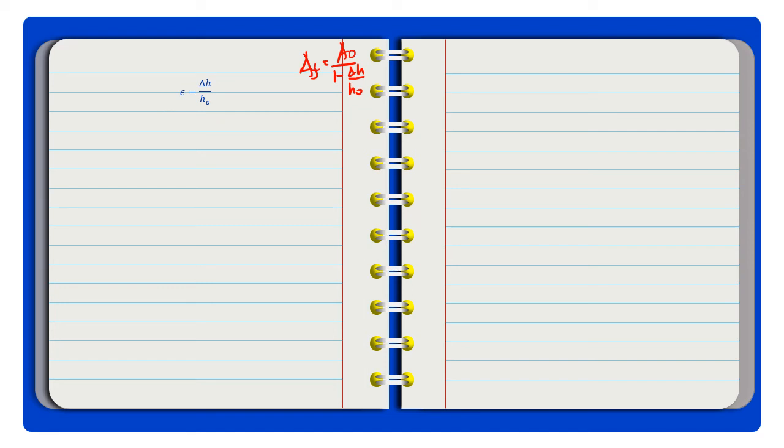So, substituting this one to our equation, we could get an equation which is AF is equal to AO over 1 minus strain. So, meron na tayo ngayong area final.